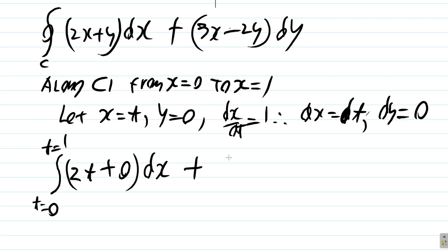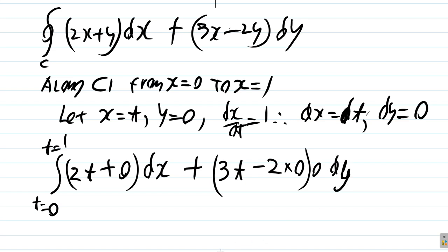Plus 3x, which is t, x is t, minus 2 times y, but y is 0, dy, which is 0. I wrote 0 already. So this is gone.